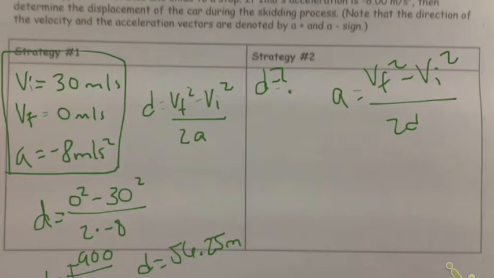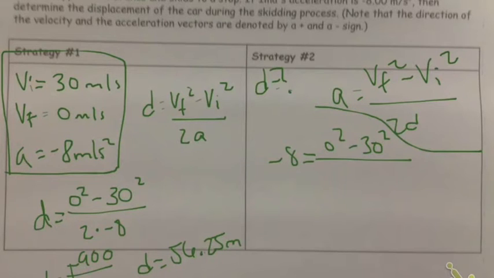Well, we do have an A, so negative 8 is going to equal VF of 0 squared, minus 30 squared. Let's go ahead and separate that, divided by 2D, because again, we're still trying to find D, right? Well, we want to multiply 2D on each side to get that out of the way.